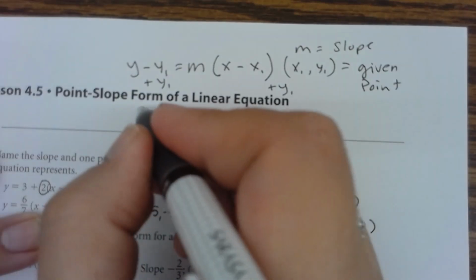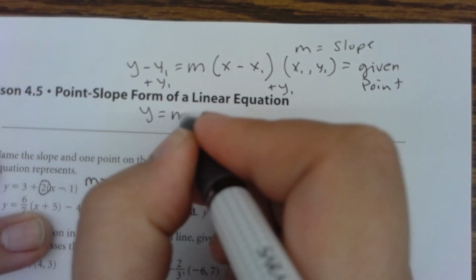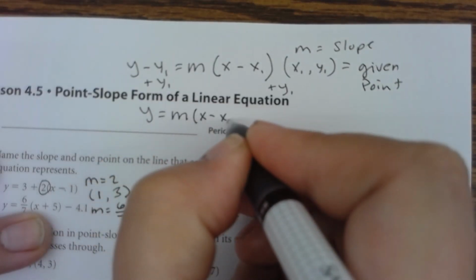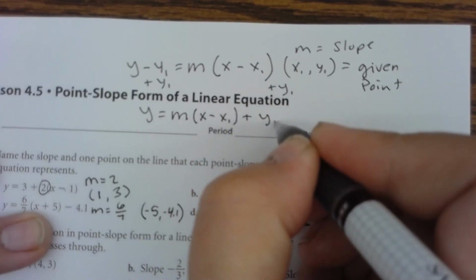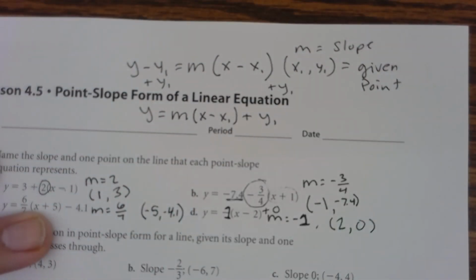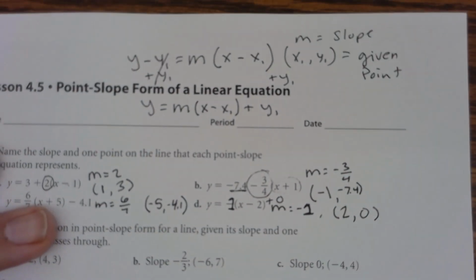So looking at y equals m, parentheses x minus x1, with a plus y1. We okay with that? Those who need that down, got it down?